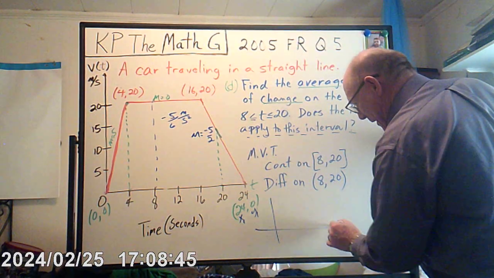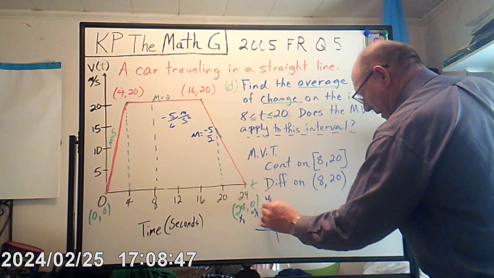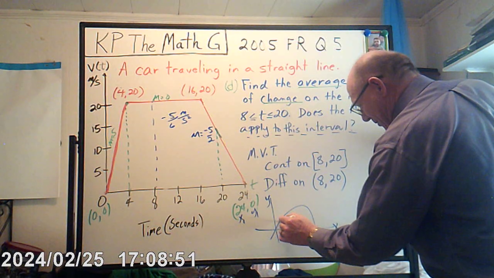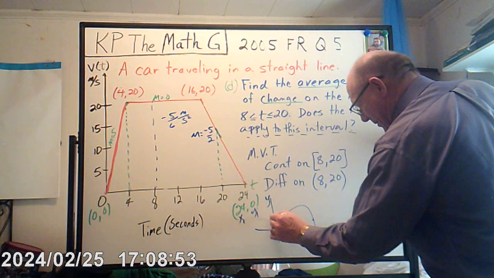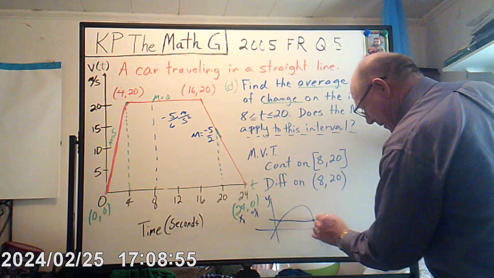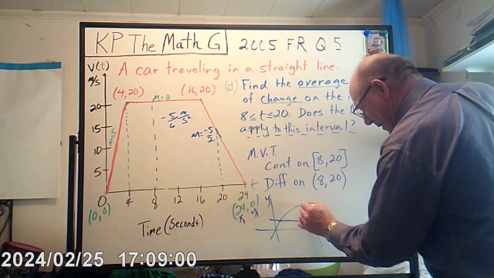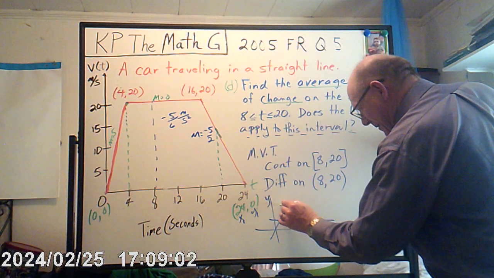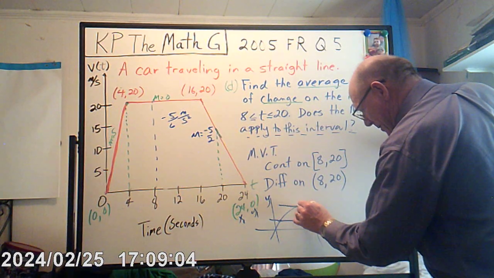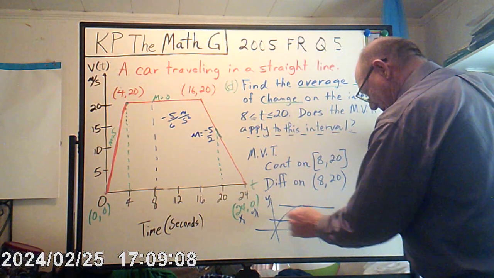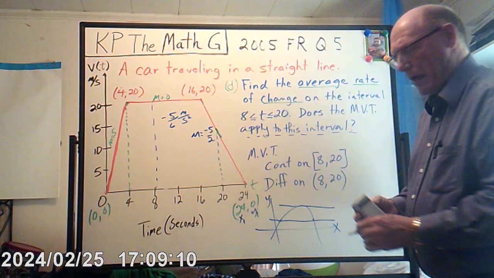And both of these have to exist. Now again, X and Y, and we come up with a curve like this, and we have a secant line. That's like the average rate of change here. There is a C somewhere between here, such that the slope of the tangent line is equal to the slope of the secant line.